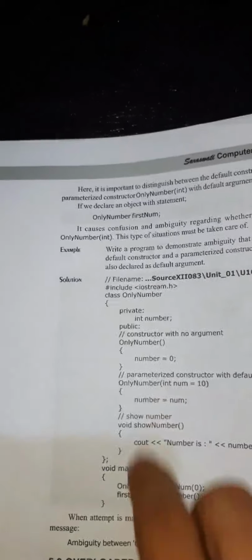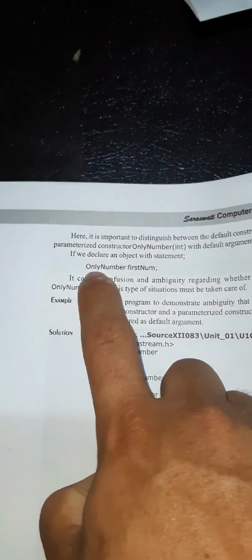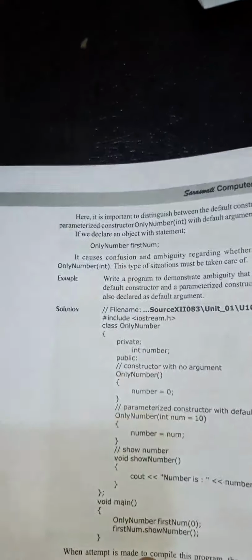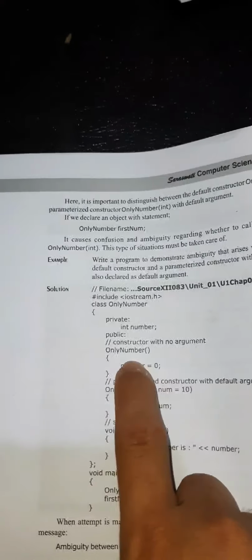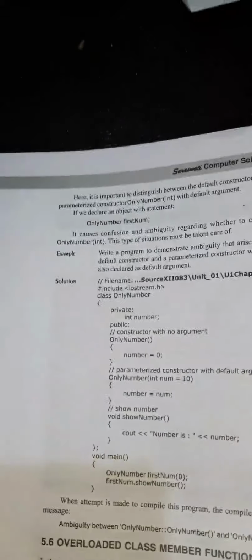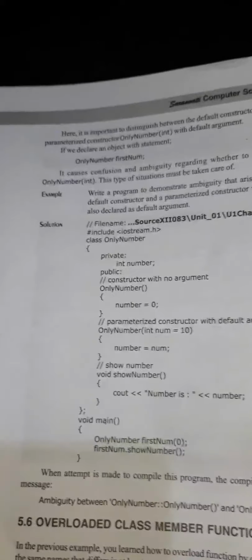Or if it is like this, only Number first num, in that case it may call the default constructor. But still it will result in an error. This error is rectified in the following page, using constructor overloading.